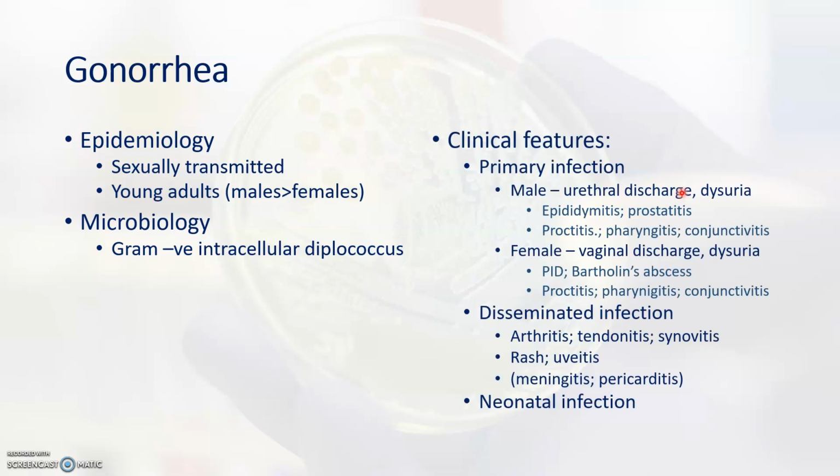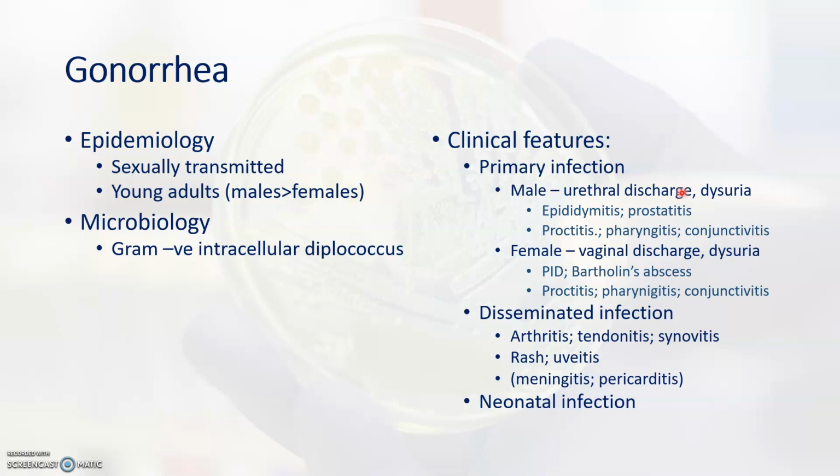The clinical features can be divided into primary infection, usually urethral or vaginal discharge and dysuria, which may then spread to adjacent organs, producing things like epididymitis, PID, and Bartholin's abscess, or maybe in sites distal from the genital organs, depending on the type of sexual intercourse that the patient had.